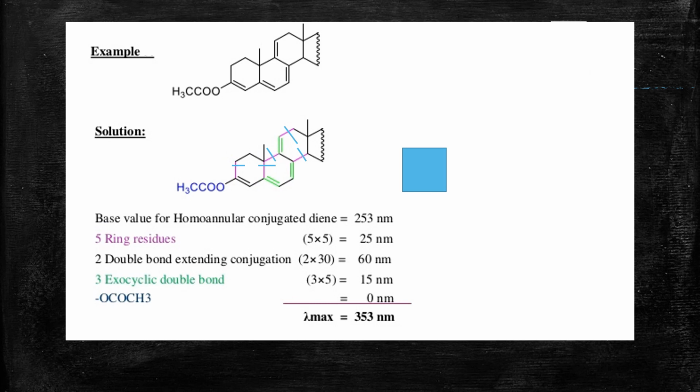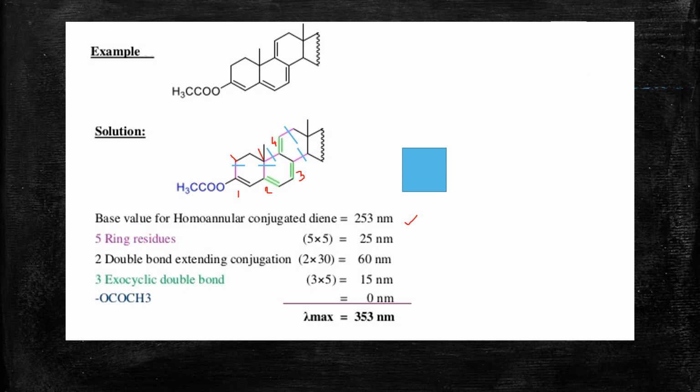For this problem, base values: see here, this molecule has both homoannular as well as heteroannular dienes. We know that the homoannular diene has the longer value, so we have to take the parent value of the homoannular diene, 253 nanometers. Ring residues: see here, first double bond, second one, third one, this one is the fourth one. For the first double bond, the adjacent carbon is free, first ring residue. Second double bond, this carbon is free, 2 ring residues.